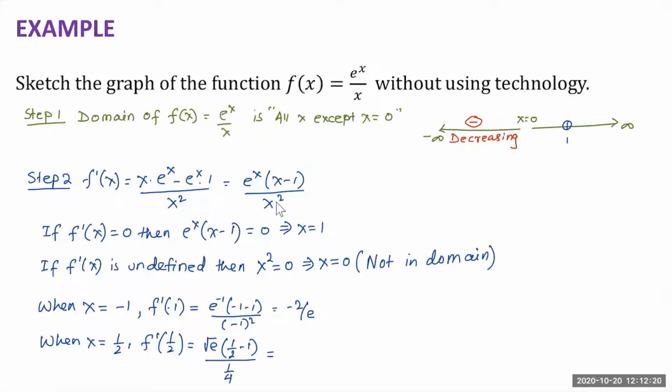Half minus 1 is -half, and -half divided by 1/4 is -2. So we get -2 times square root of e.